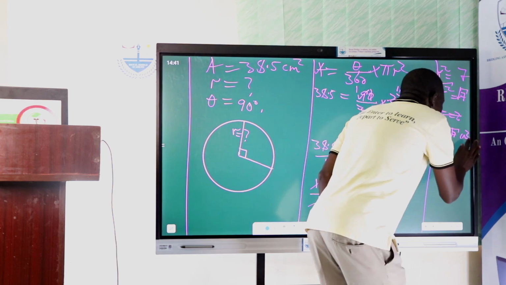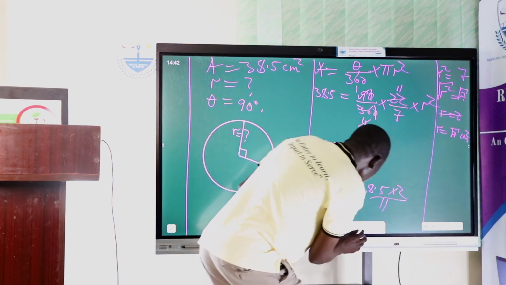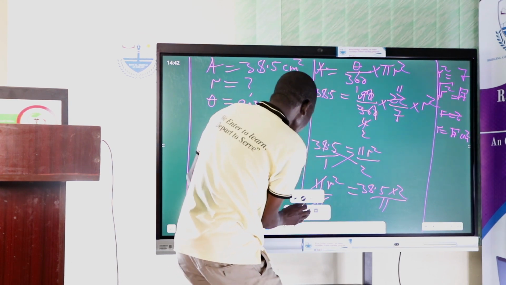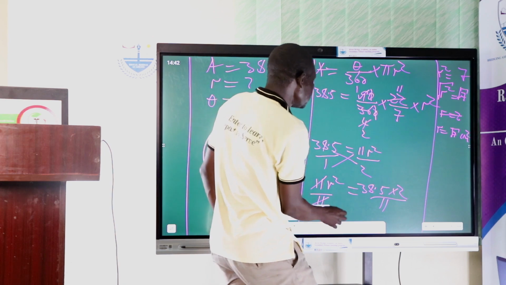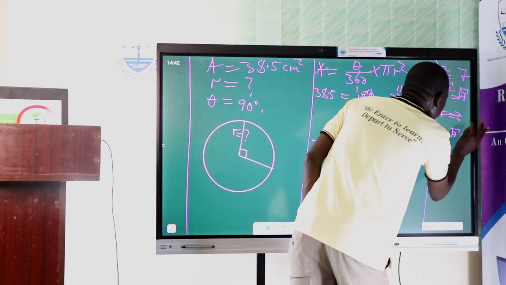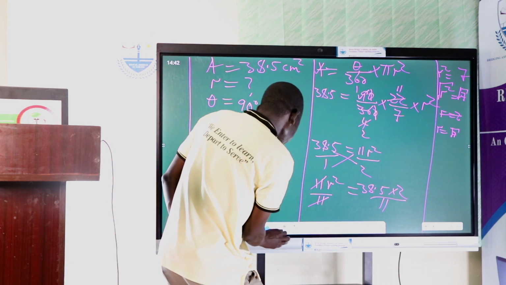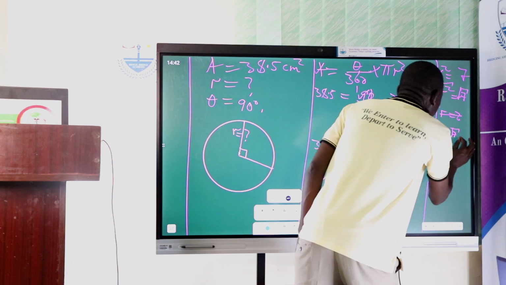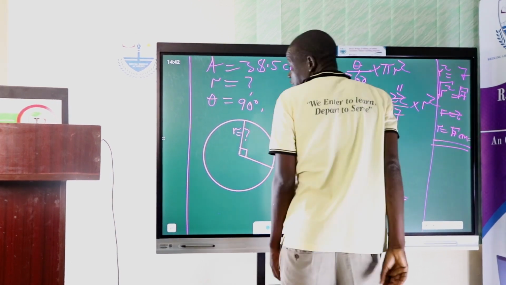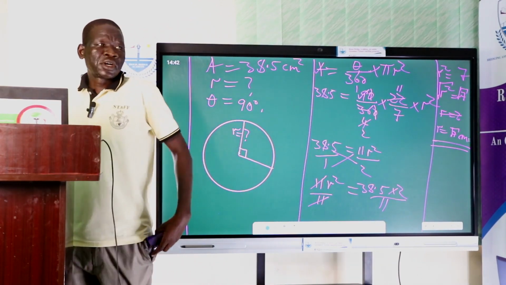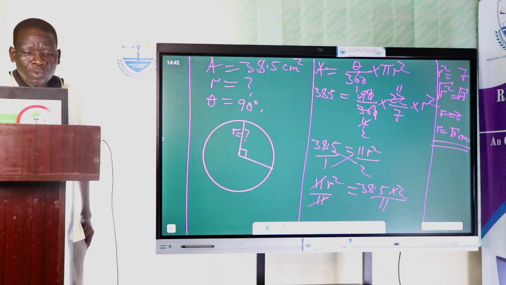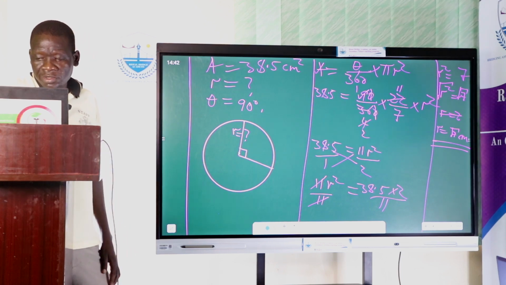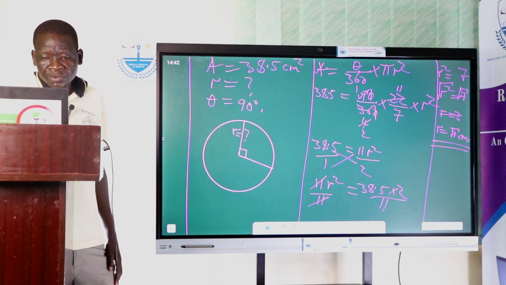Centimeters only, not squared, because we are calculating the radius, which is a length. So this is in centimeters. That is how to calculate the radius of a sector.